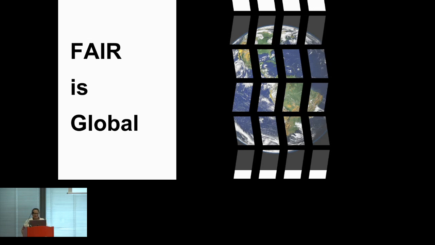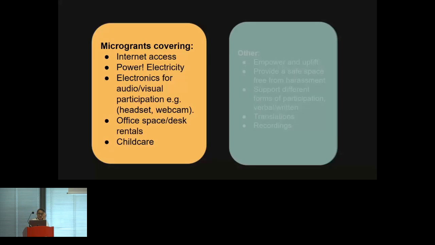Our goal is to make it also more accessible to a wider audience. So how do we do this? We offer something called microgrants. Microgrants are financial assistance to level the playing field for people who join some of the activities, so we offer paid opportunities for moderation, planning, running an event, delivering any type of activities.